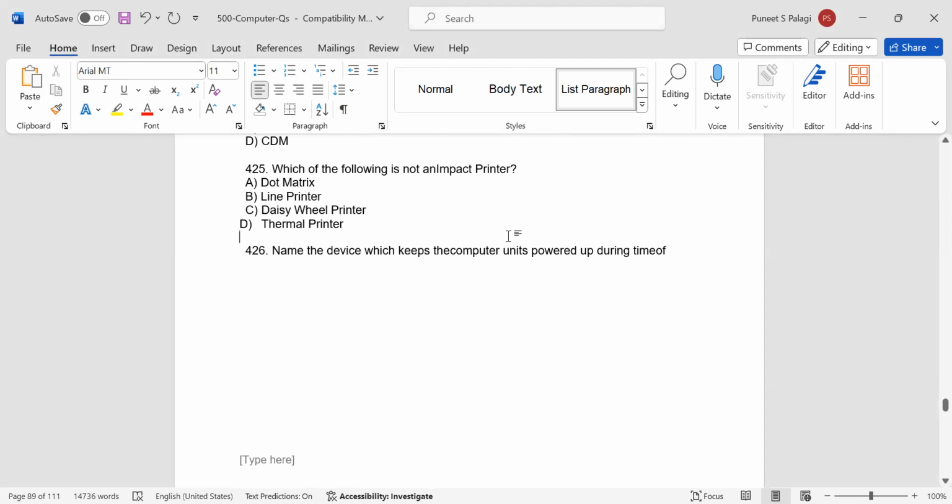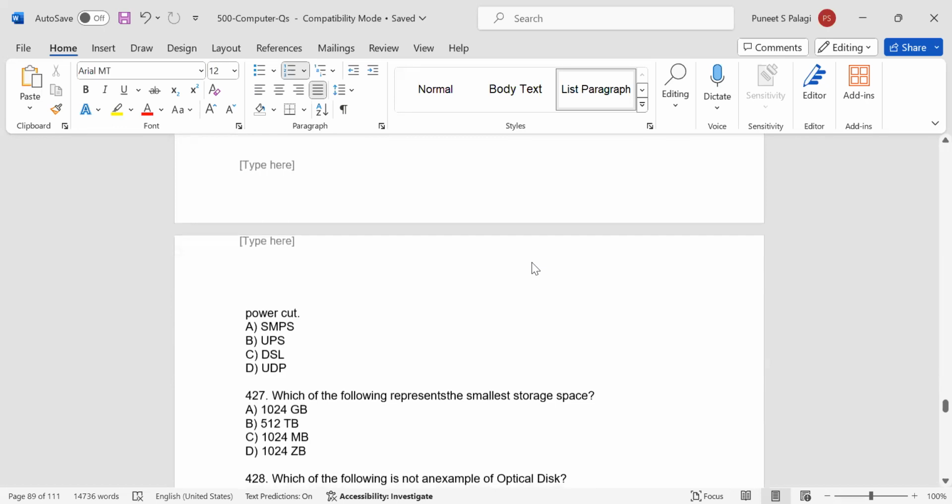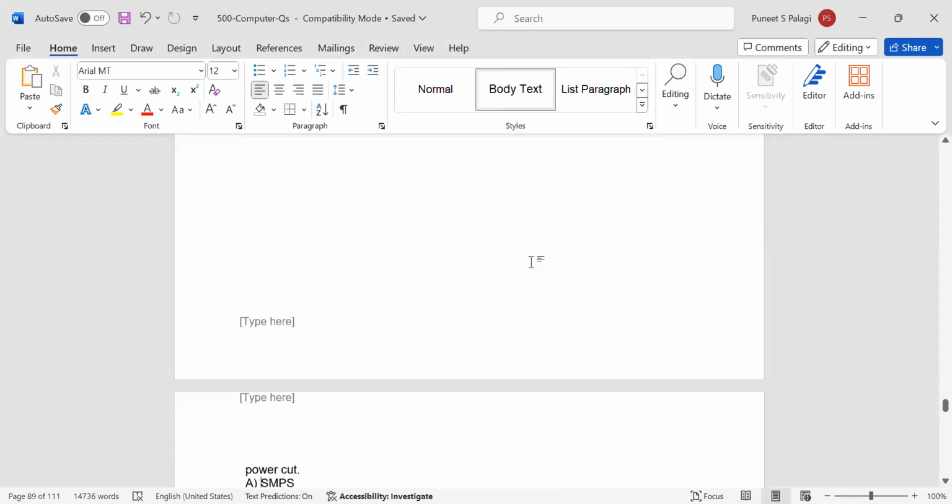Which of the following is not an impact printer? It is thermal printer. Name the device which keeps the computer units powered up during the time of power cut. It is UPS.